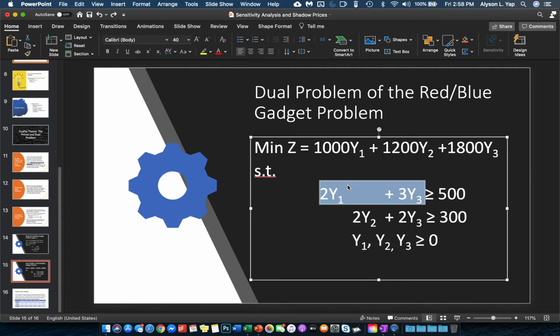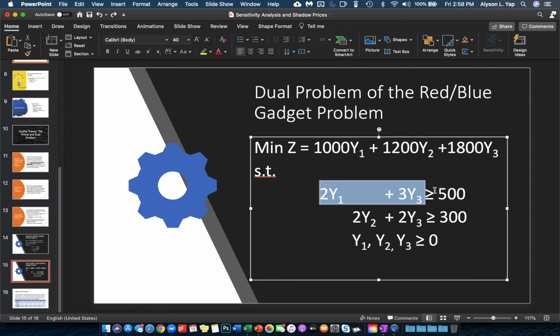Ito yung makukuha ng ABC company from me. Or it's the value that ABC company will get by selling their steel, wood, and labor to me. And why does this left-hand side have to be greater than or equal to 500?